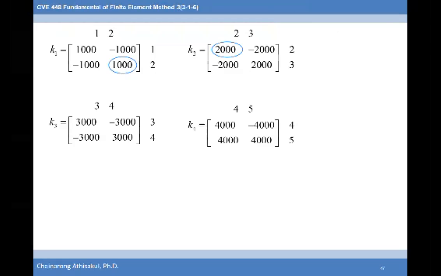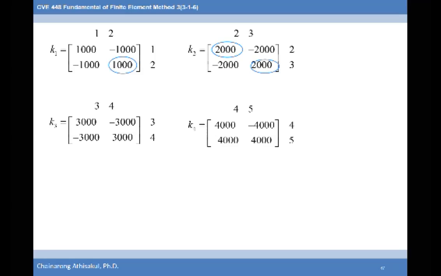Another element, element number 2, also has a term on the row of node number 2 and number 2, and in the same manner for node number 3 and node number 4.